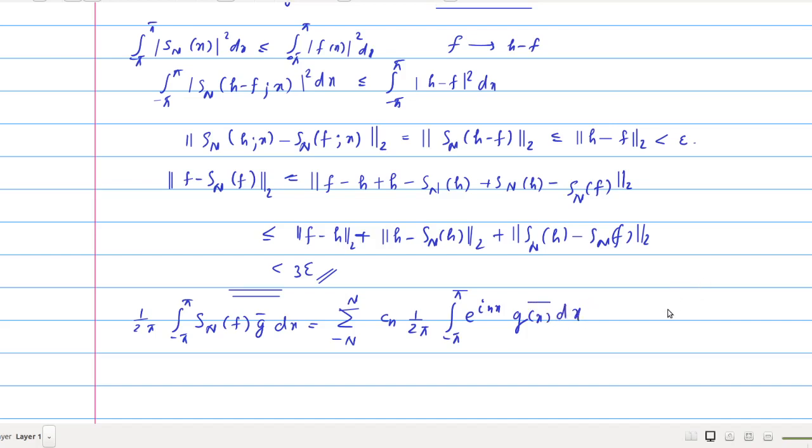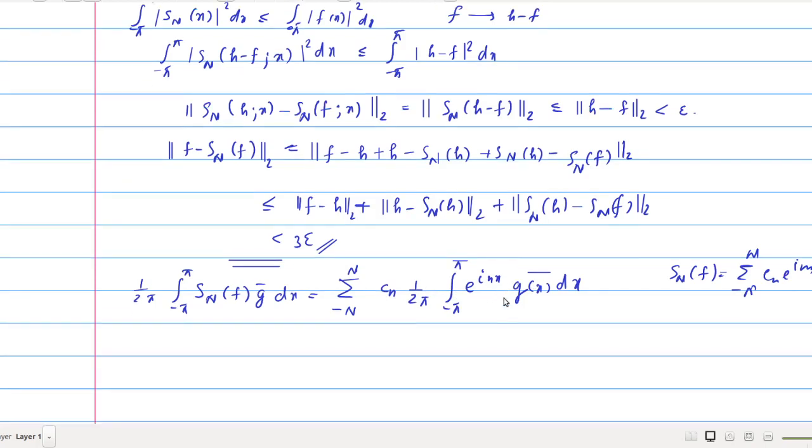This is due to the definition of Sn of x. We have Sn of f is the summation from minus n to n of Cn e power i n x. If we multiply it with g conjugate on both sides and take the integral, then interchange the integral and summation, since it contains only a finite number of terms, then you will get this one.